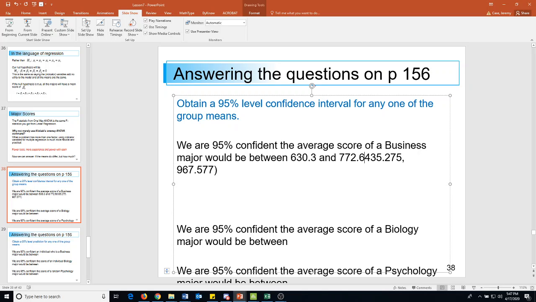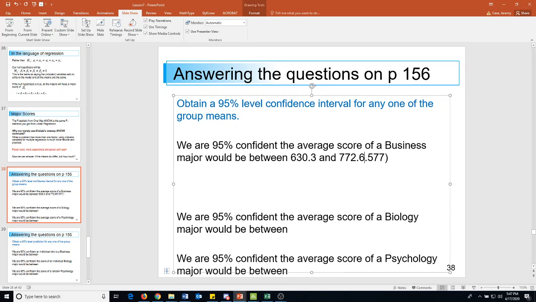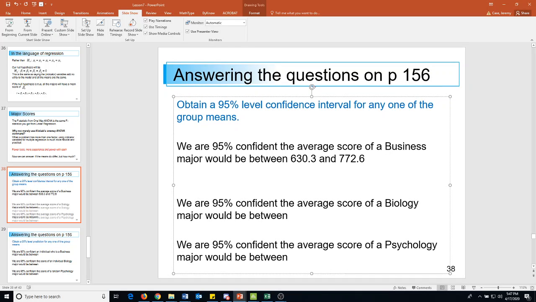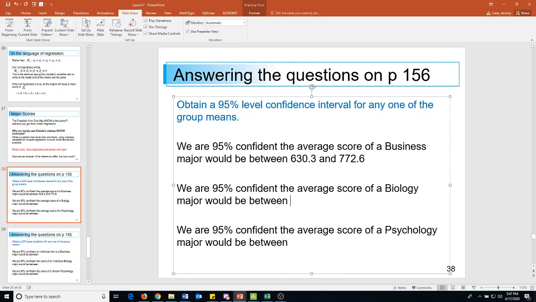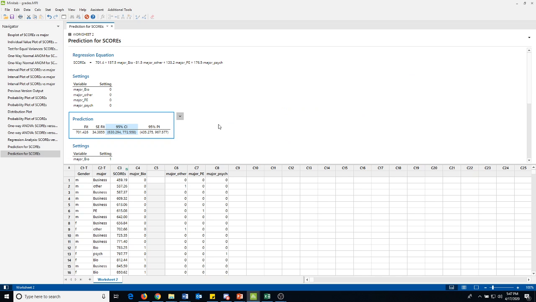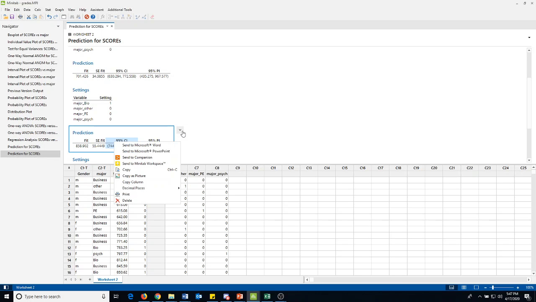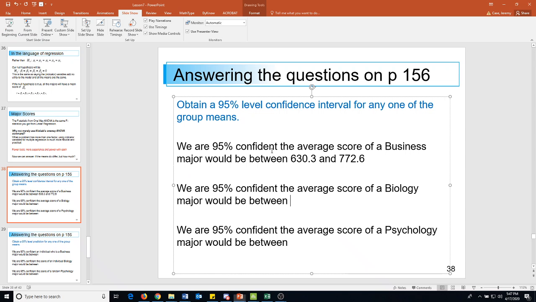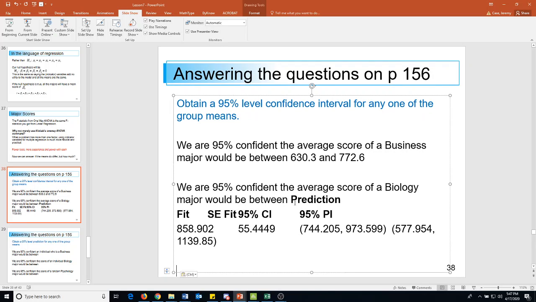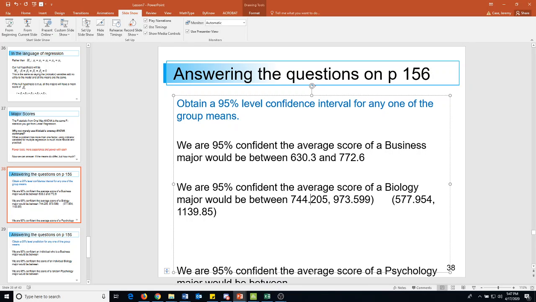Okay. Now for a biology major, see if I can do this a little bit better. Nope, I had psychology. So if biology major, I go down here. This is 1, 0, 0. So I get still that same average between 744 and 973.